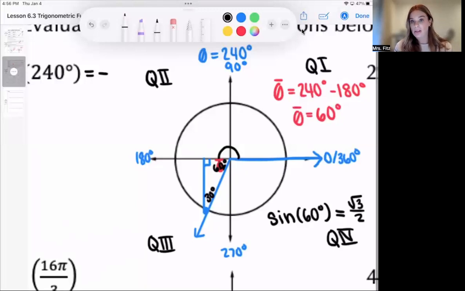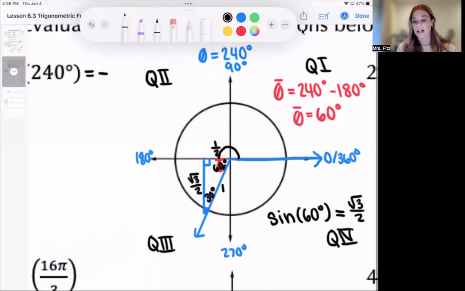Remember, the hypotenuse on a unit circle is always 1. This is a 30, 60, 90 right triangle. The side opposite 30 degrees is the shortest leg, half of the hypotenuse, so this would be a half. You multiply the short leg by root 3 to get the long leg, which is root 3 over 2.